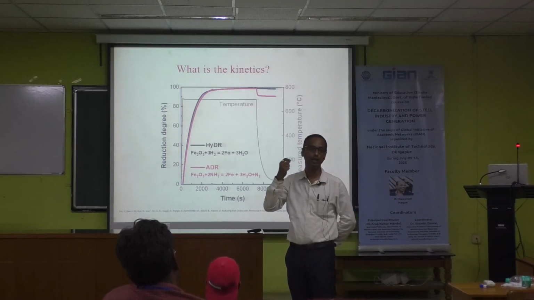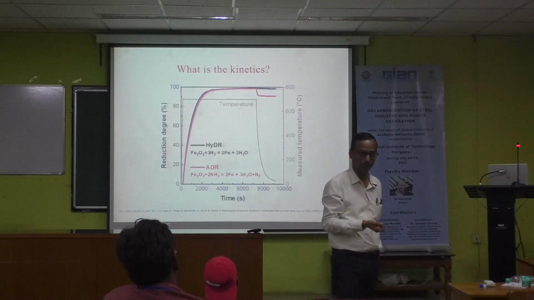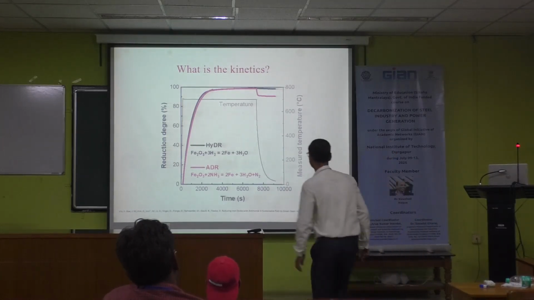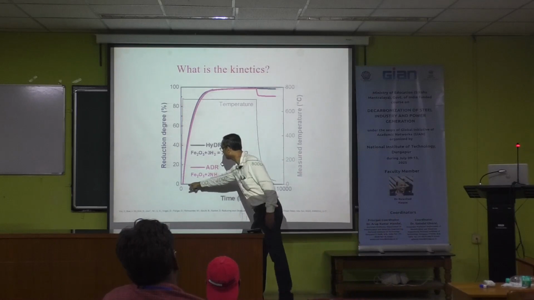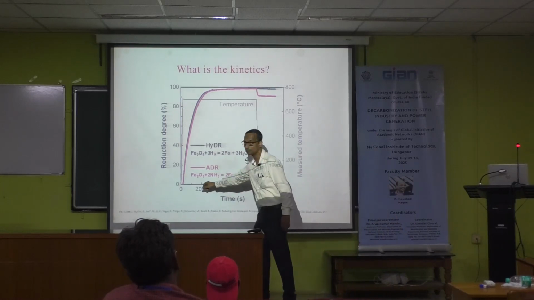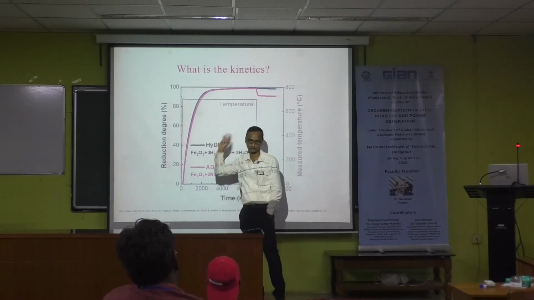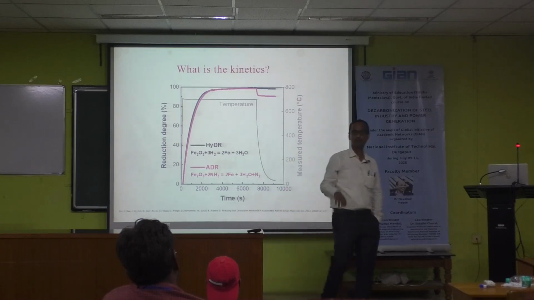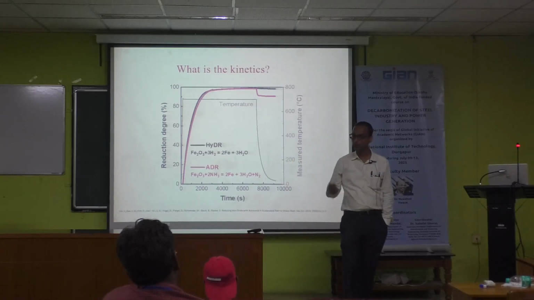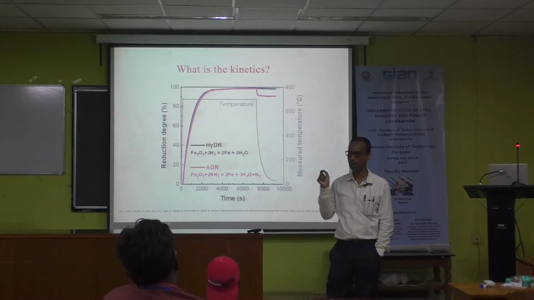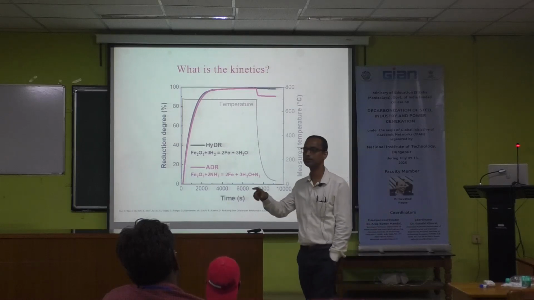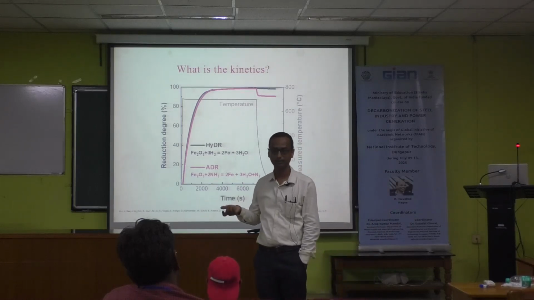Generally we calculate with the weight loss method. You can see it is continuous; in this fraction of time you cannot take out the sample and measure the percentage. Therefore, this is a continuous process. Generally, the thermogravimetric analyzer is used to determine the weight loss with time, and this weight loss is converted to the reduction.